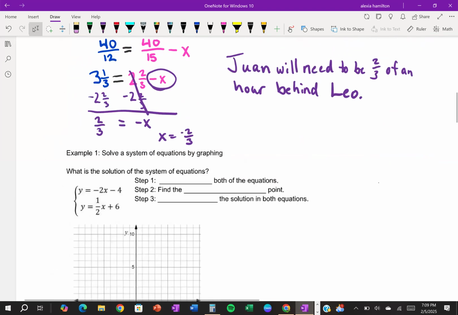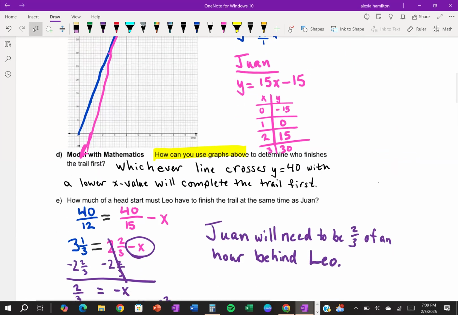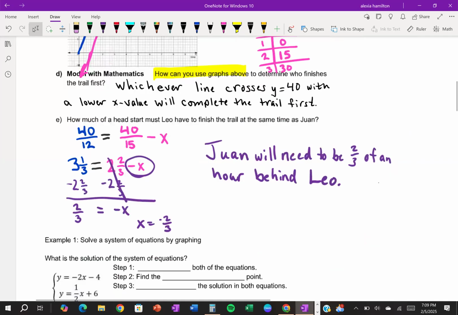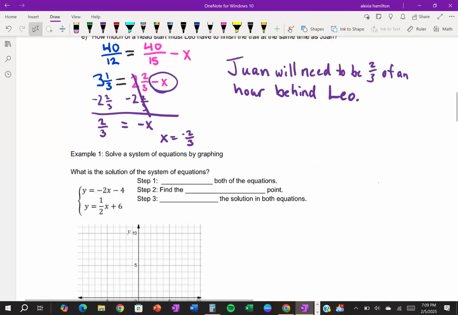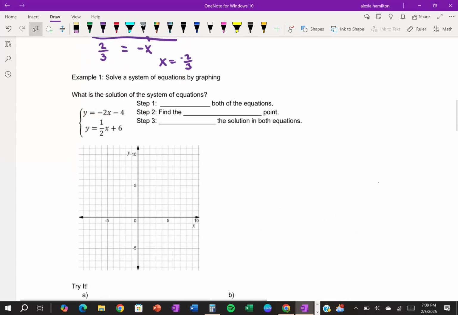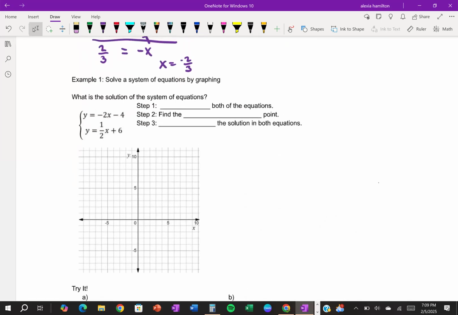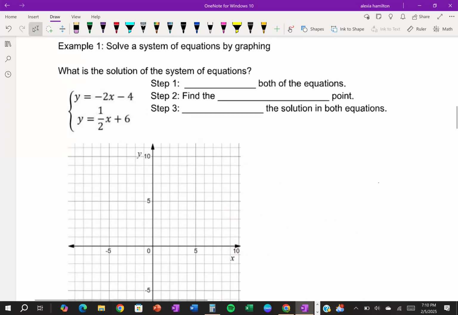Okay, so that's just a little preview of what we're going to be doing as we move into our examples. So, example one, we're solving a system of equations by graphing. And I ask you, what is the solution to a system of equations? Well, I totally gave myself a whole lot of space, so I know I gave you guys a lot of space.